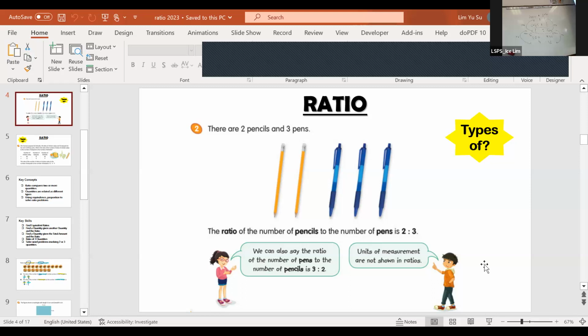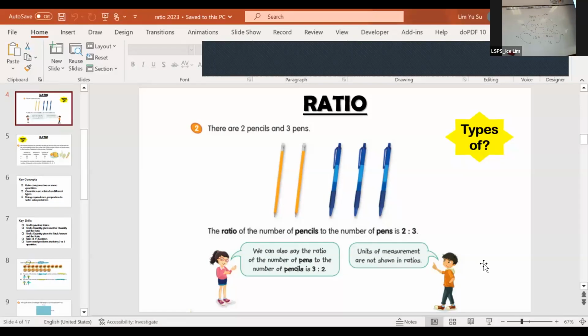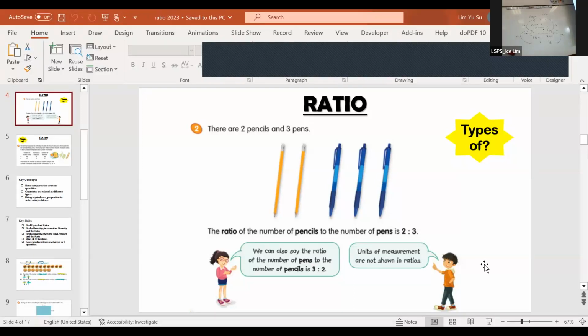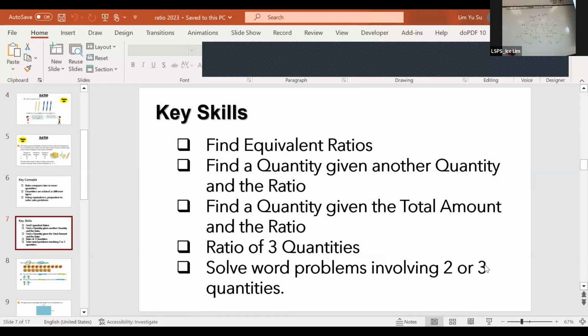And we try to use simplest form. And you see that we don't show units of measurement. Because ratio shows the simplest relationship that I compare, we don't use decimals. Okay, with that said, we move on to the next content. This one is the next skill: find a quantity given another quantity as well as the ratio.